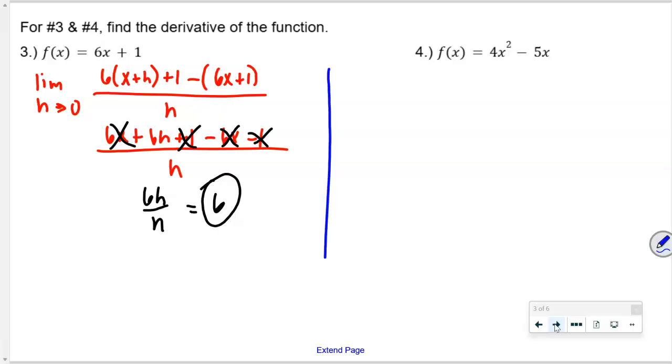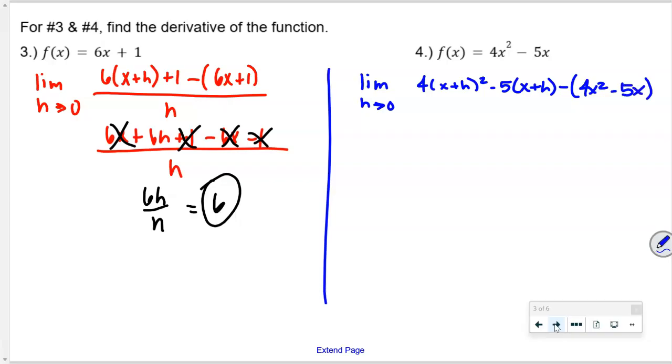Okay, let's do this last one over here of these. So here again, we're going to do the limit as h approaches 0 of 4 times (x plus h) squared minus 5 times (x plus h) minus (4x squared minus 5x), all over h again.